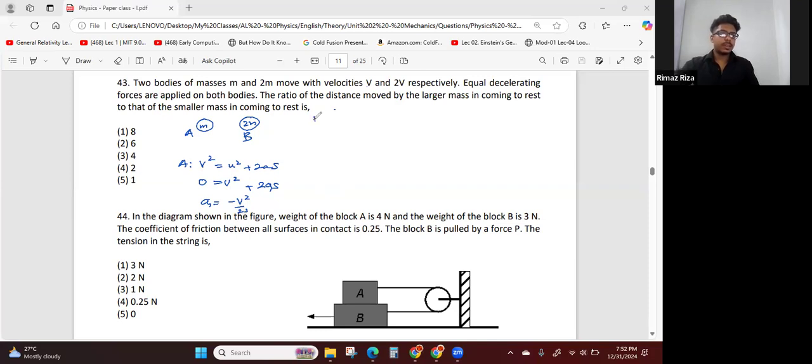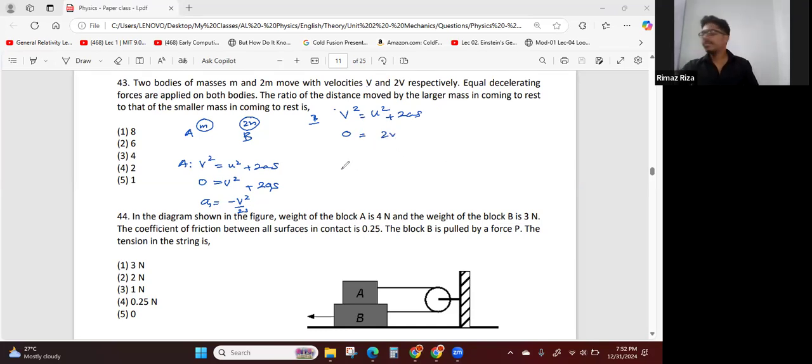Similarly, I can consider B. v squared equals u squared plus 2as. The final velocity is 0, the initial velocity is 2v, so we have the square of 2v.